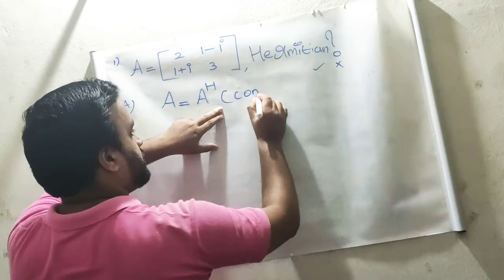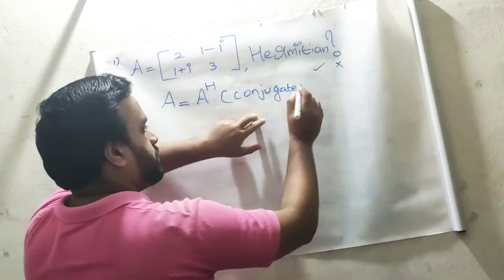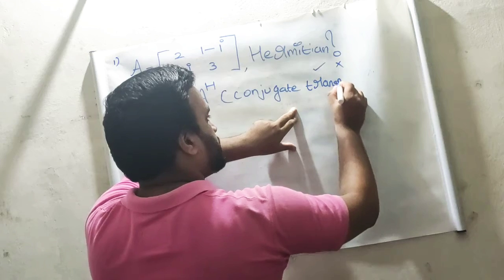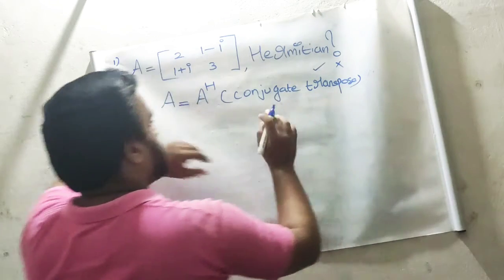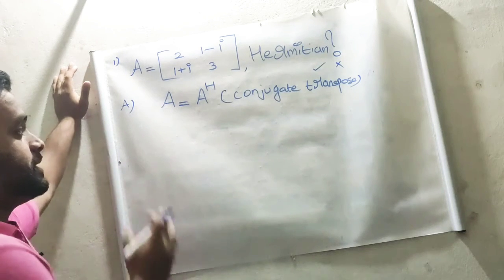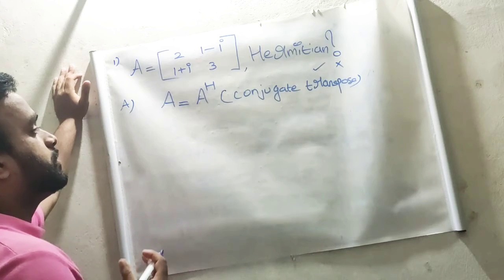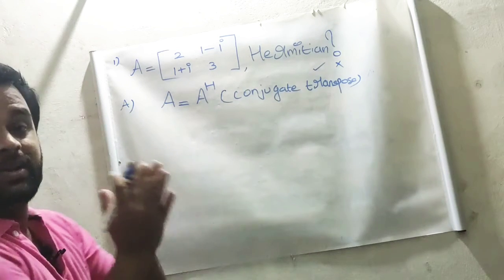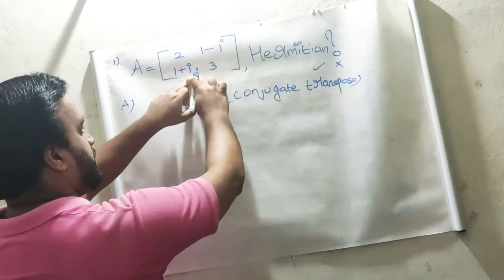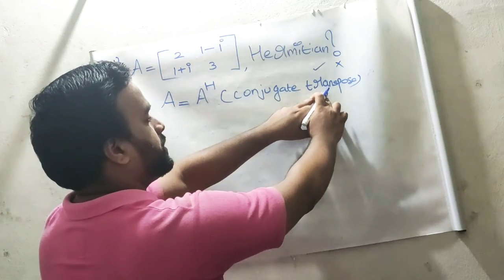AH is the conjugate transpose of matrix A. So first let's find the conjugate of this matrix, then we can find the transpose.